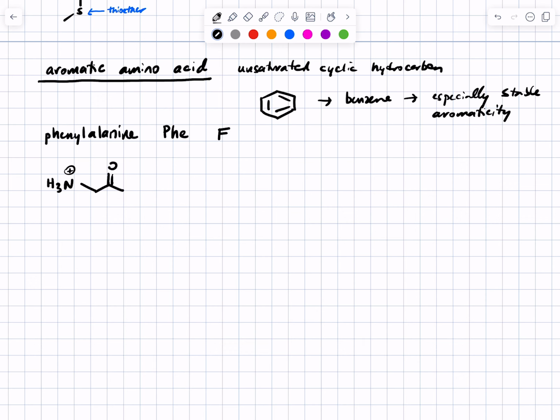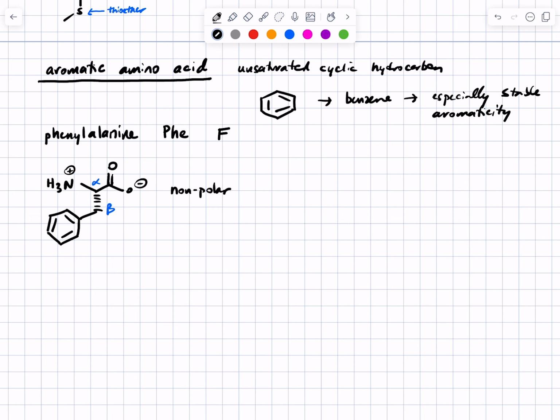Here's the backbone. On the alpha carbon, you have a dashed bond to the beta carbon. The beta carbon will then be attached to a benzene ring, which is sometimes called a phenyl group. So now the name phenylalanine makes sense. It's like alanine. It has a methyl group, except one of the hydrogens on alanine has been replaced by a benzene ring.